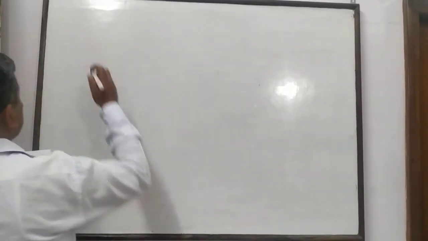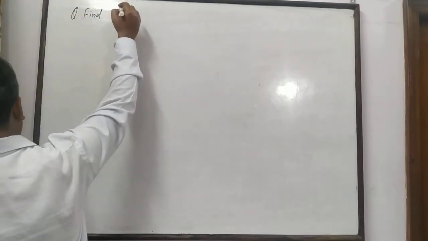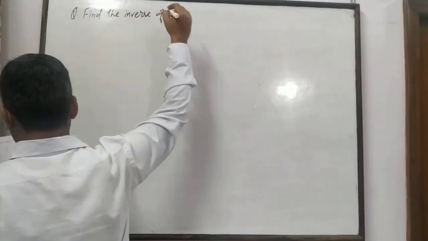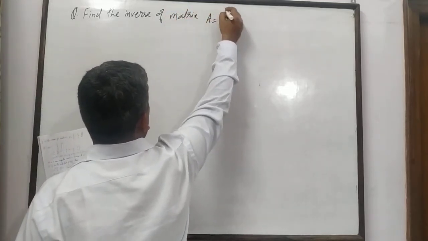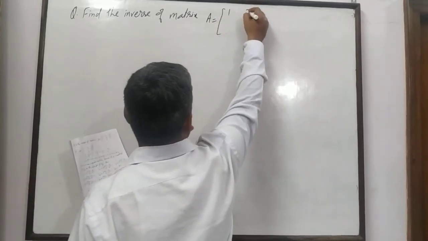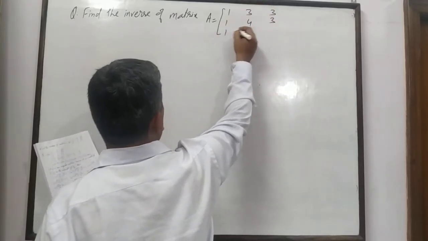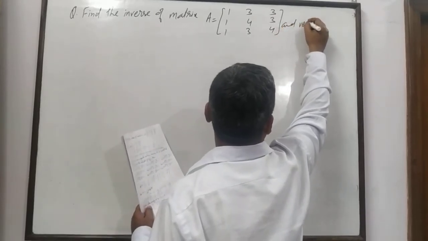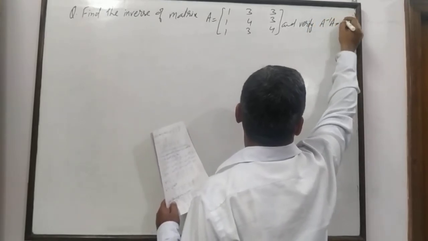So first of all, let's do a question that says: find the inverse of matrix A equal to [1 3 3; 1 4 3; 1 3 4] and verify A inverse A is equal to I.